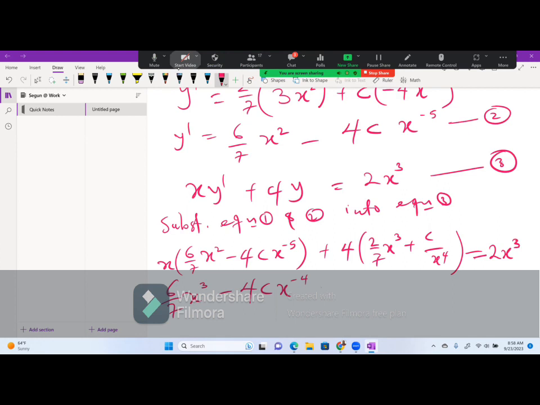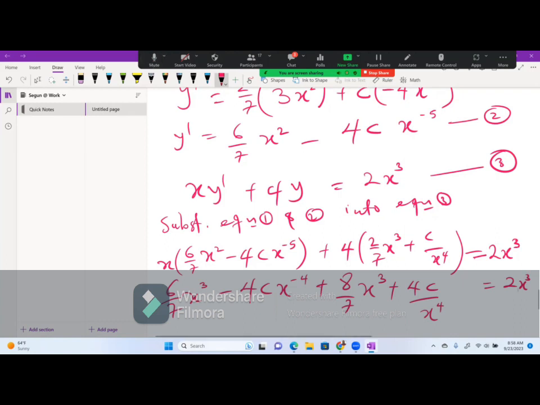Yes. Then plus, let's open this one. 4 multiplied by 2, 8 over 7 x cubed, plus 4c over x⁴ equals 2x³.